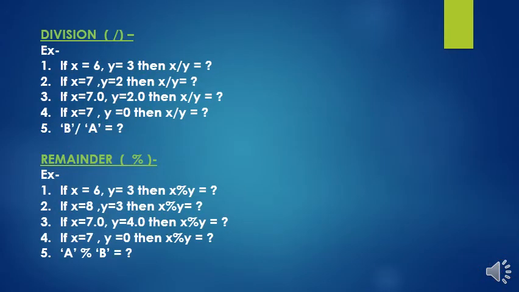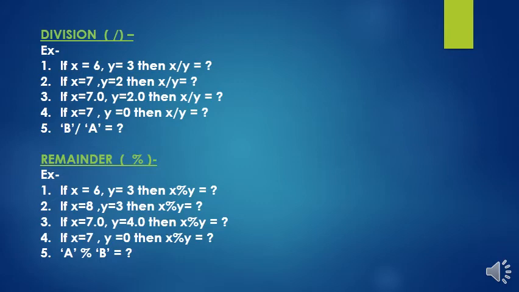So children, next binary arithmetic operator is the division operator, represented by the symbol slash. This operator divides the first operand by the second operand and returns its quotient.